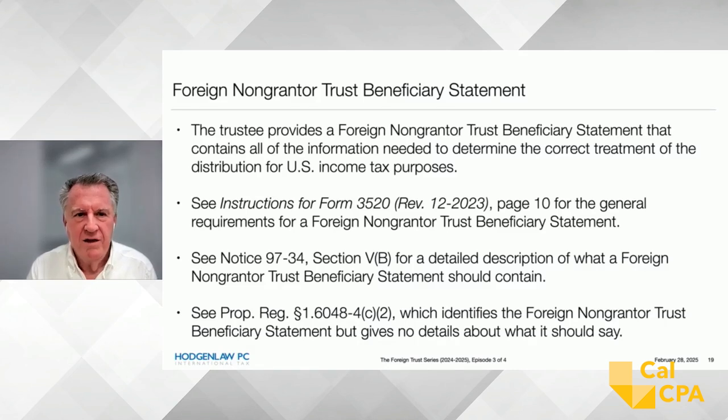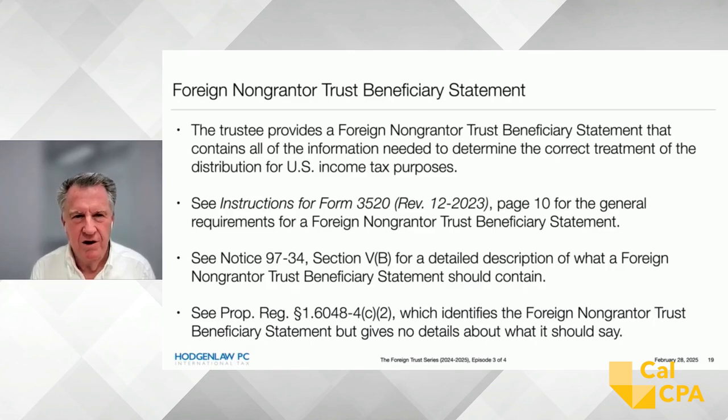If you don't get that, and there it is, Notice 97-34, the instructions for Form 3520 don't give you a lot of detail, but the notice gives you some detail about what to put in there.